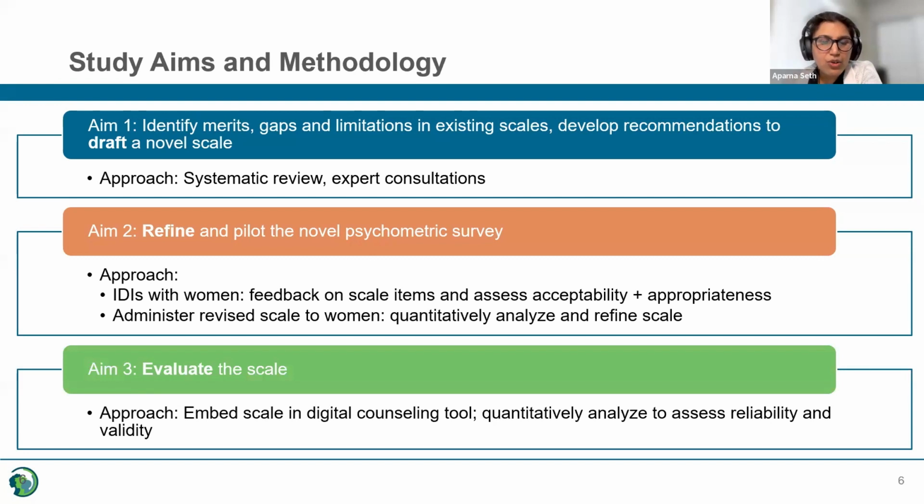Next, we are hoping our validated scale developed as part of Aim 2 can be embedded in an existing reproductive health project that Alison is leading, and we can conduct an external scale evaluation through that step.